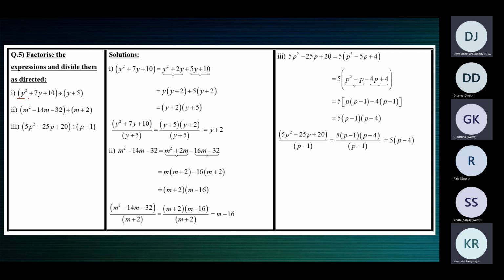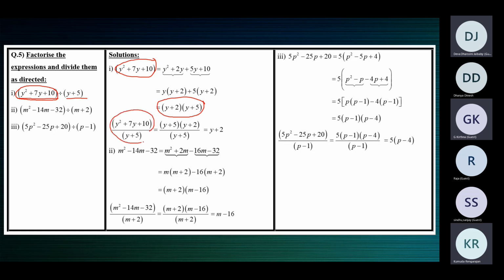We have to divide this by y plus 5. The numerator can be factorized by splitting the middle term. So let's do that separately. We first take only the numerator and factorize it. The factors are y plus 2 and y plus 5. Now, after factorizing the numerator, take the whole question.